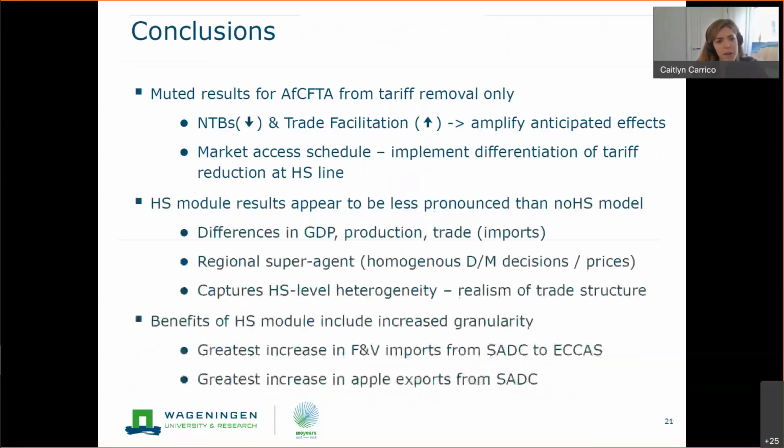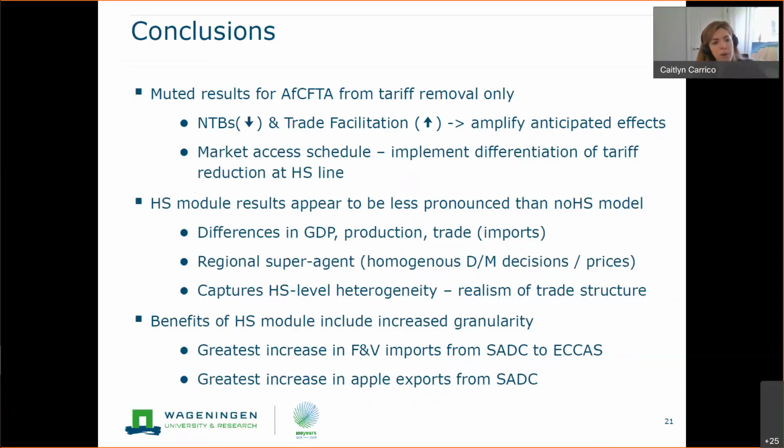So just very quickly, some conclusions. Again, we have these muted results when we look at the tariff removal only, muted in terms of the macroeconomic, really the GDP results that we're getting. We would anticipate, if we also look at changes in non-tariff barriers and improvements in trade facilitation, that this would amplify the results that we're seeing.